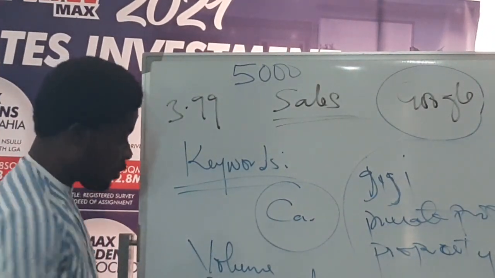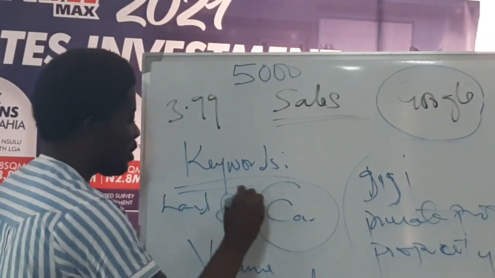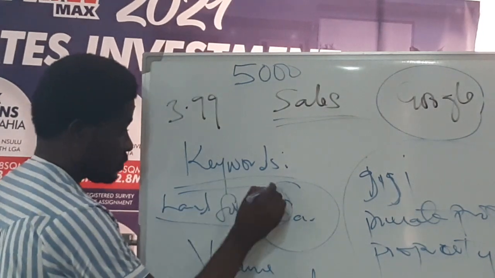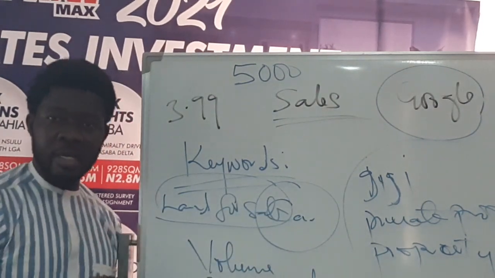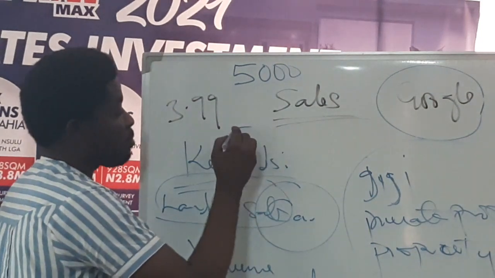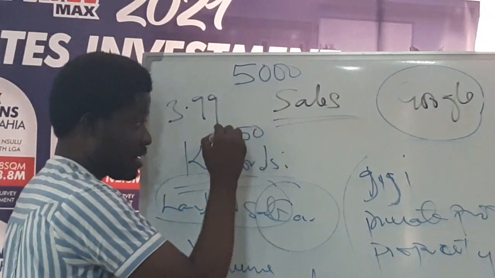Let's say for instance I say land for sale, and the highest we want to make from this land for sale is 50,000 naira. I'm just giving you an instance.